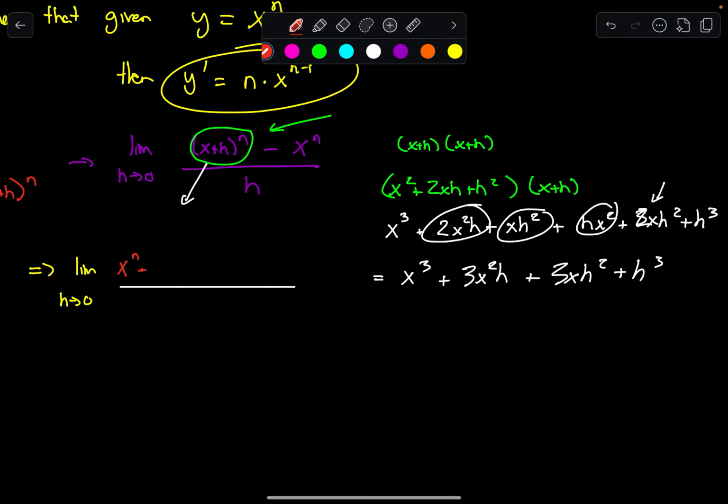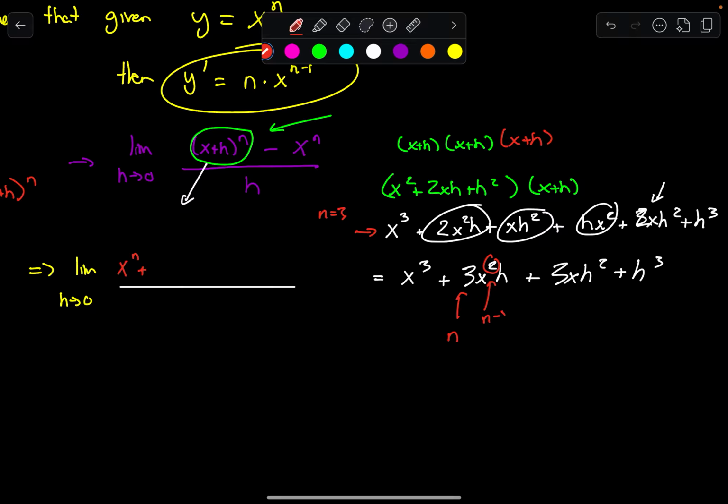And I claim we can use this one as an example. In this particular case, when n is equal to 3, aka I've done x plus h times x plus h times x plus h, you're going to notice that this number in front is n, and the exponent on this is n minus 1.